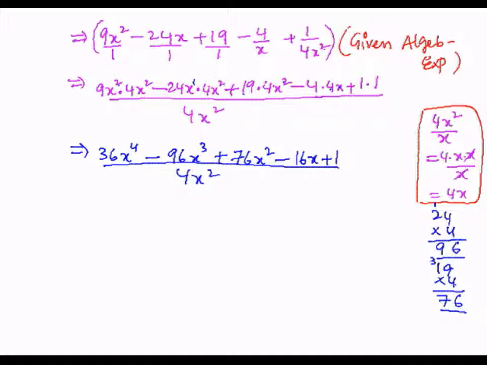So in this manner, the numerator is 36x to the power of 4 minus 96x to the power of 3 plus 76x square minus 16x plus 1, and the denominator is 4x square. Here, in order to find out the square root, we have to find it as per the problem.